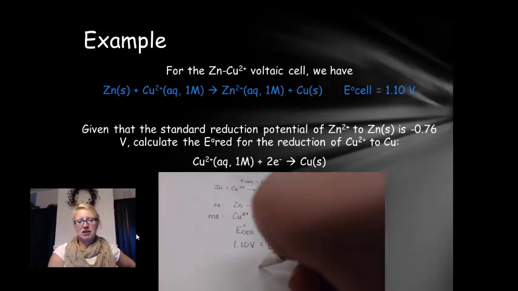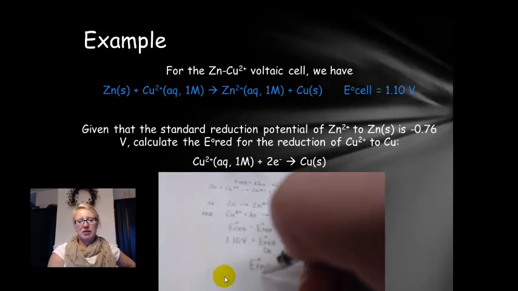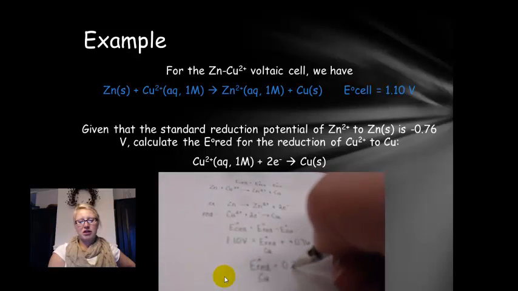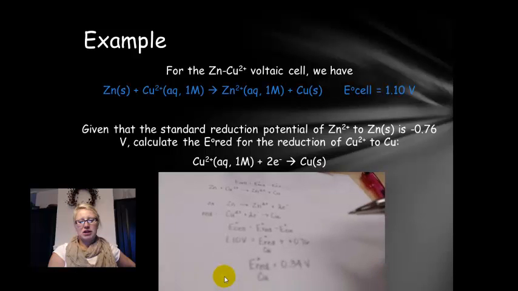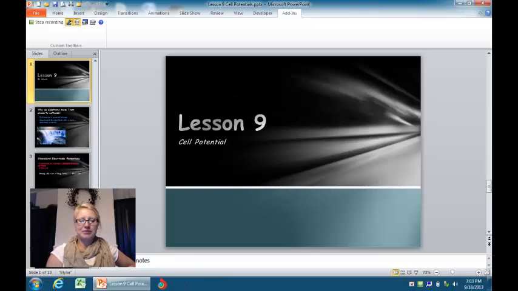And even though it's being oxidized, we still use the number for the reduction. So we plug that in. And then you can solve for the standard potential for reduction at copper by just subtracting from both sides. So 1.10 volts minus 0.76 gives you 0.34 volts.